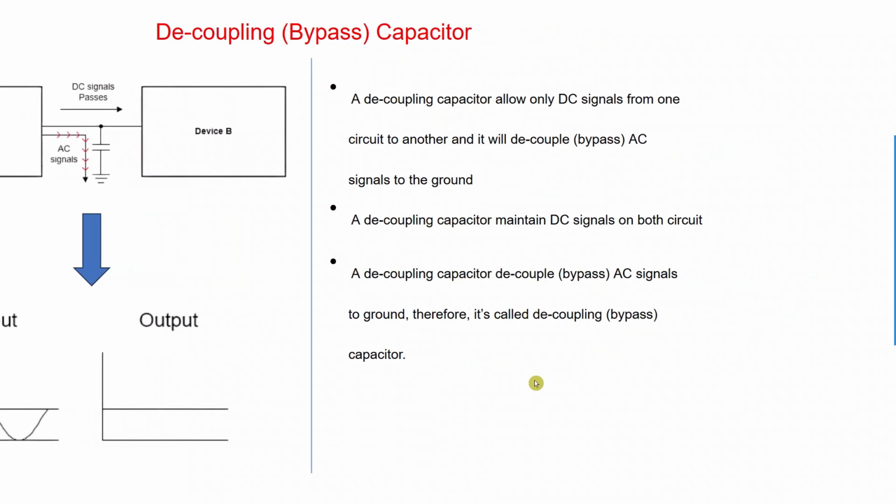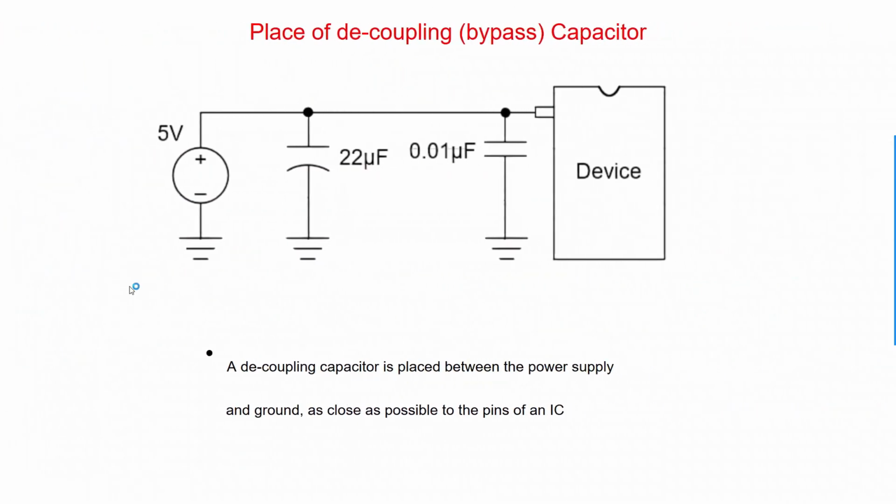So now, place of decoupling or bypass capacitor. You should remember that the bypass capacitor should be placed near the pin. As you can see here, a decoupling capacitor is placed between the power supply and ground as close as possible to the pins of an IC.